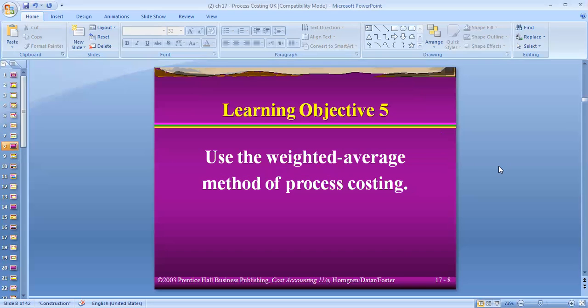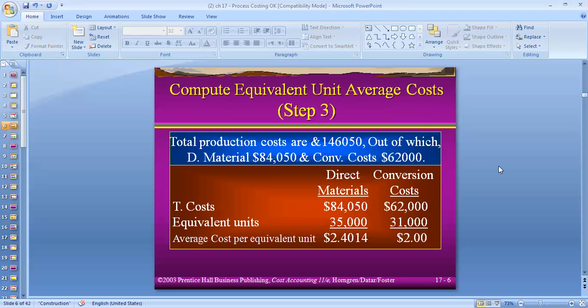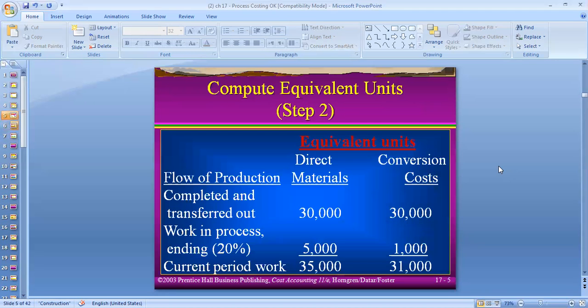Now, use the weighted average method of process costing. Remember with me again, we had 5,000 units work in process at the end of this process. At the end of the period, this means at the beginning of the next period, the 5,000 units will be beginning work in process.